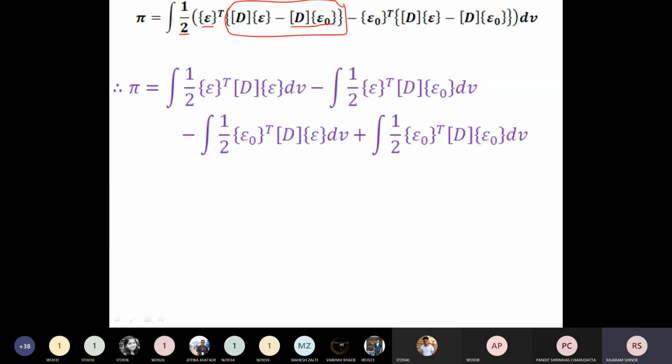Next term half is there, half epsilon 0 transpose d into epsilon. This is your epsilon 0 transpose d into epsilon. Okay. Next half of epsilon 0 transpose d into epsilon 0. Okay. And this minus it will become plus here. Any doubt in this equation?